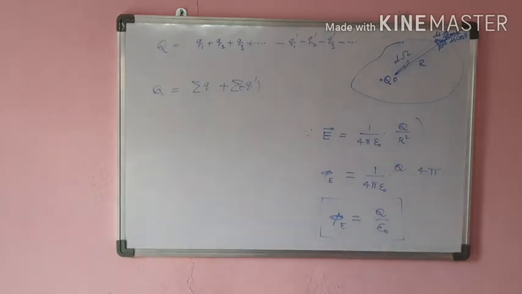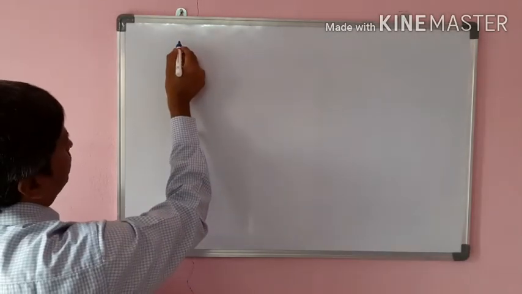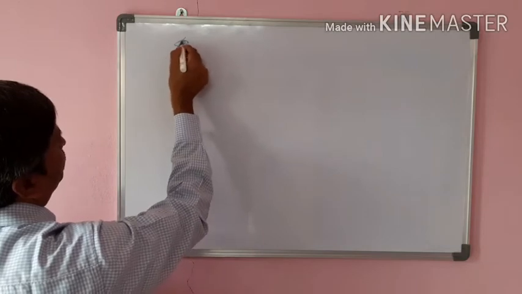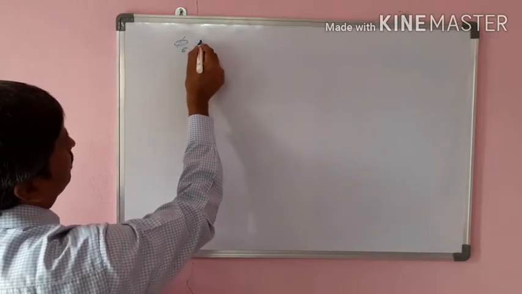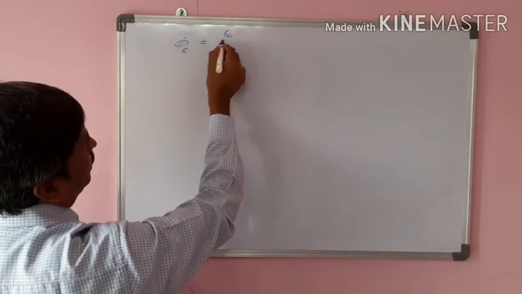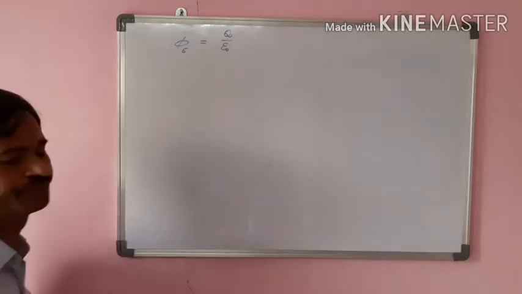Now let us understand this Gauss law in different forms, that is integral form and differential form. Gauss law in electrostatics is given by phi E is equal to Q by epsilon naught.